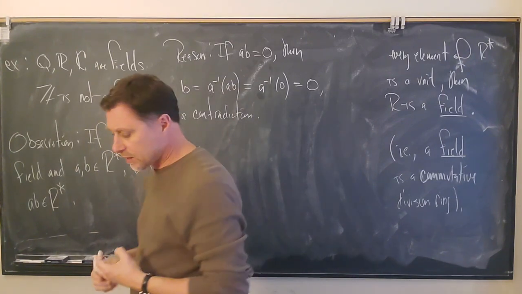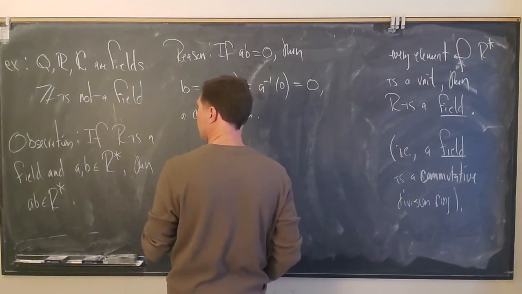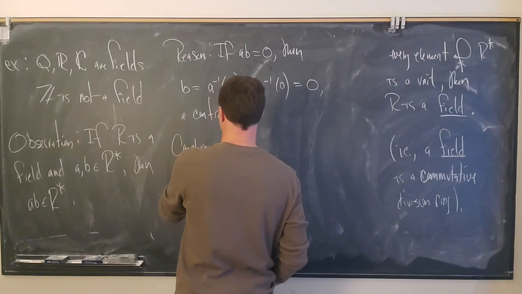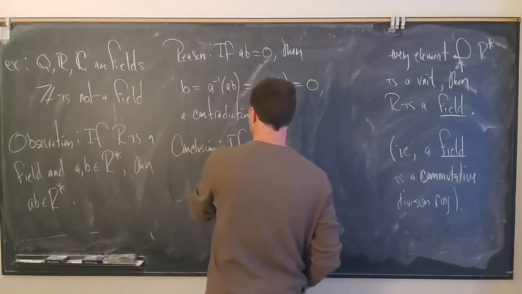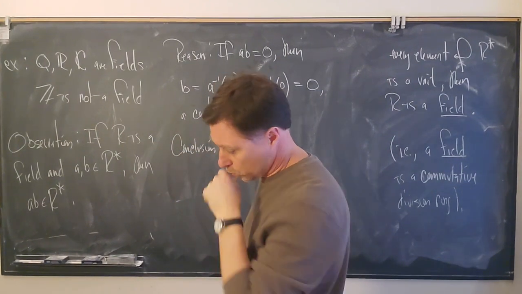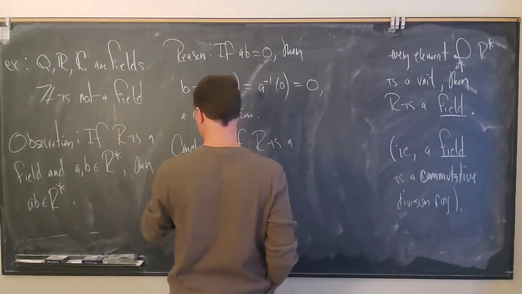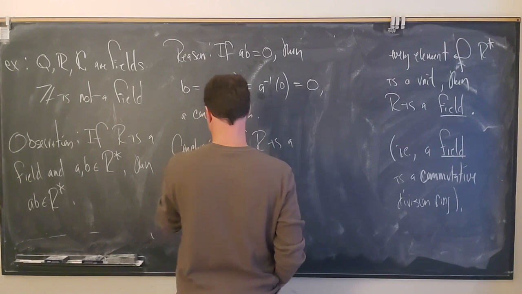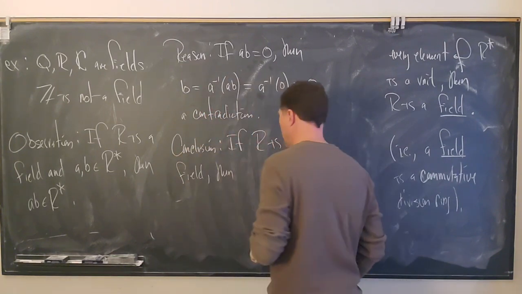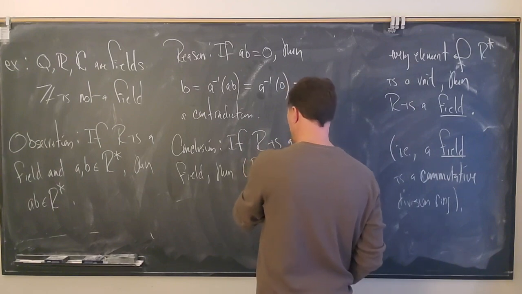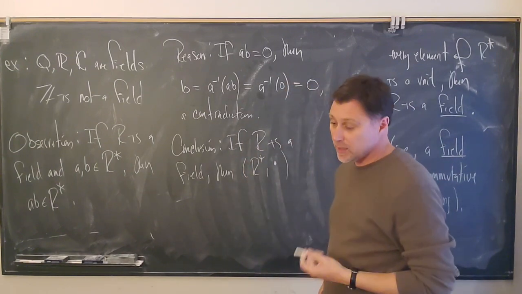And so, as a conclusion, if R is a field, then R star with the operation of multiplication is an abelian group.